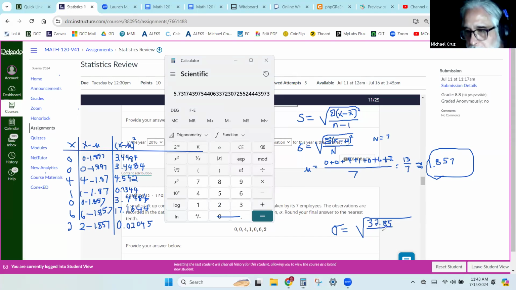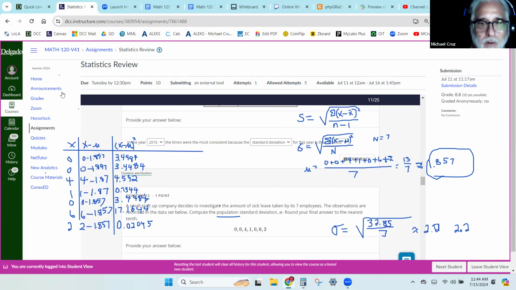This may be messed up now, but that's generally what it is, because I didn't get to write down the third decimal, but it might be enough accuracy. So 32 point... 2.2, because it says to the tenth. All right.